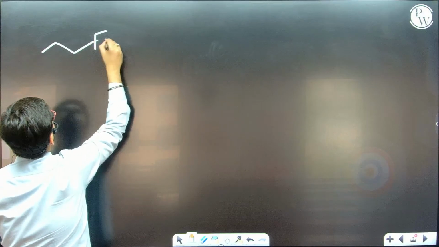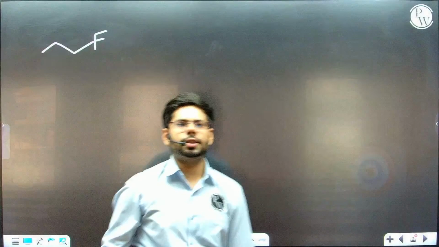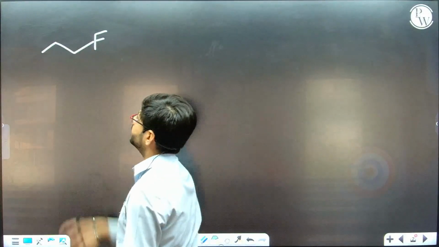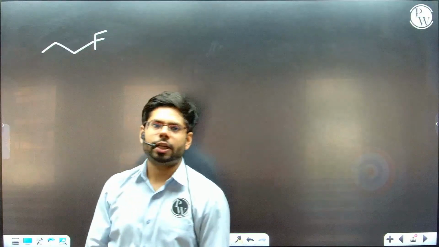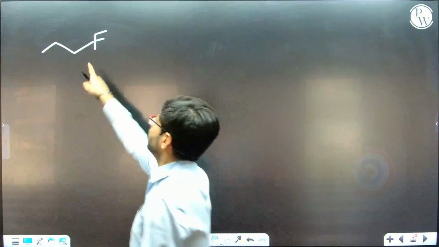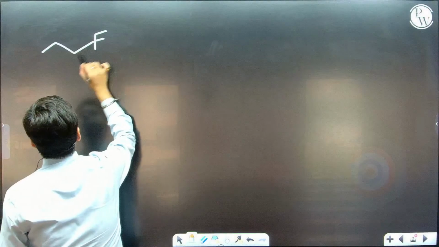First of all, see, if I draw this compound. Look at this compound, everybody. Now, out of carbon and fluorine, fluorine is more electronegative. This is a sigma bond between carbon and fluorine. Correct?